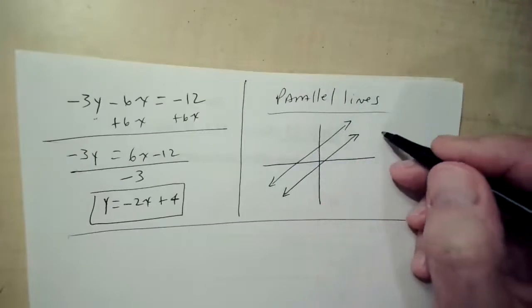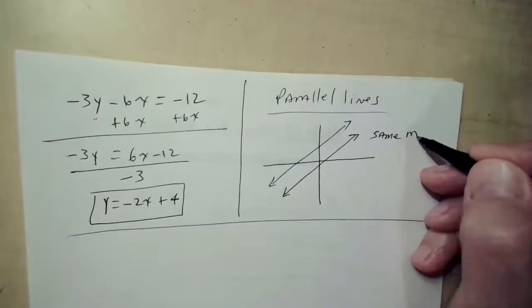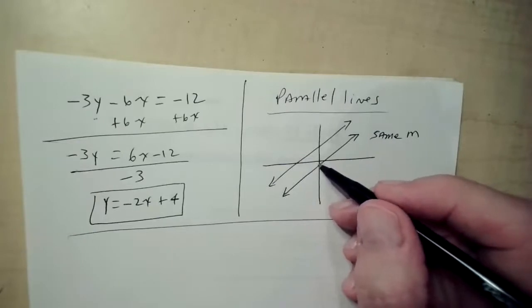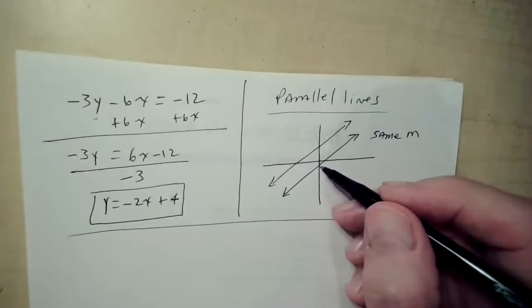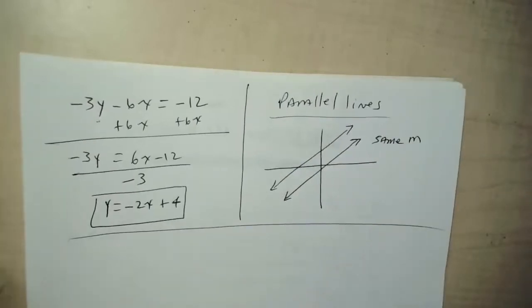Okay, parallel lines have the same slope and different y-intercepts. If they have the same slope and the same y-intercept, they're the same line, one line right on top of the other one.